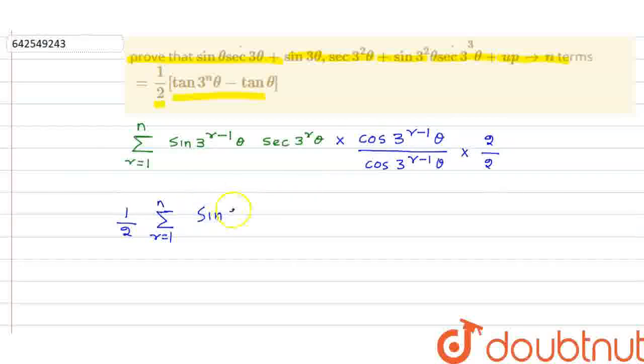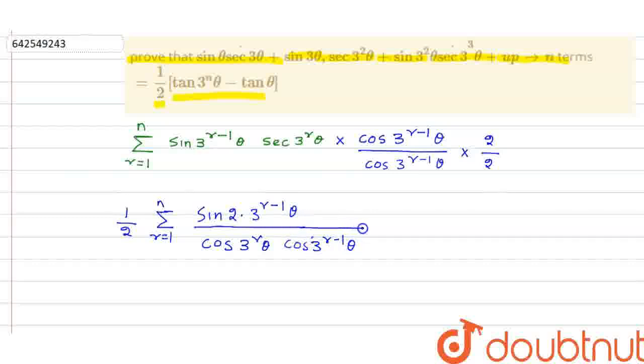upon, now this sec can be written as cos. So this becomes cos 3^r theta into cos 3^(r minus 1) theta.